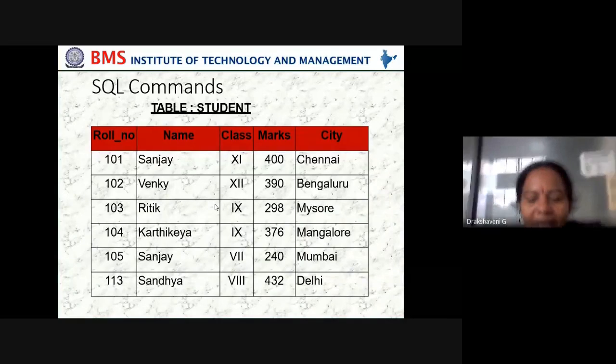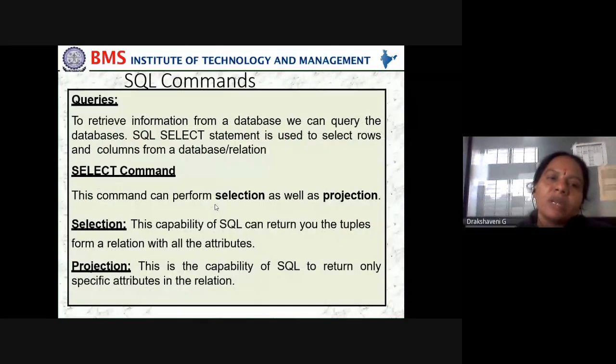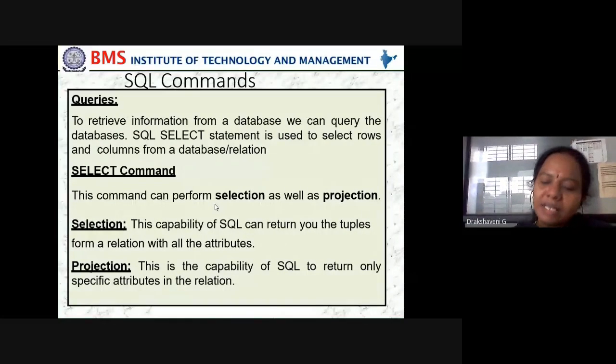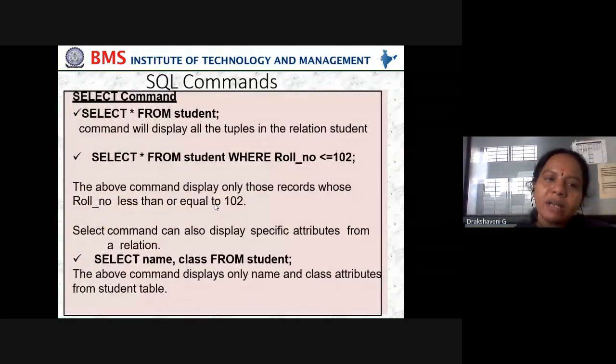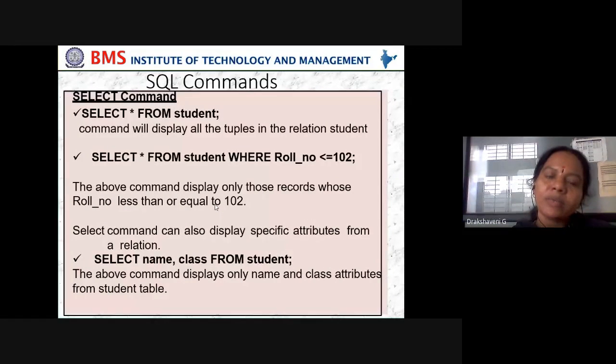This is what the student table is. Then we have seen about the queries, that is the select command. In this select command, we can see select star from student, where we select all the values in the student table, and we select rows where row number is less than or equal to 102.